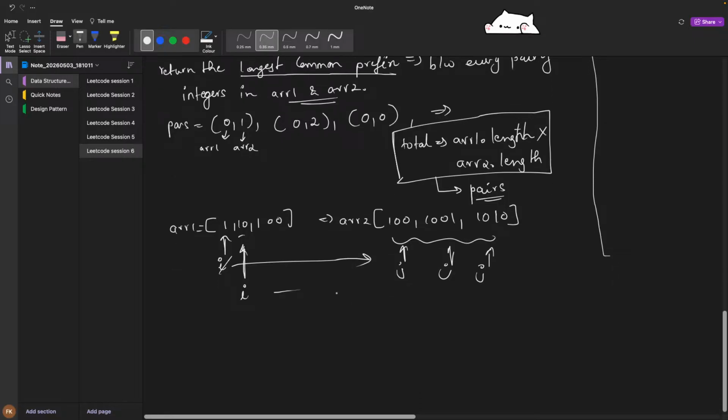So for each pair comparison, i and j, we need to find its prefixes.